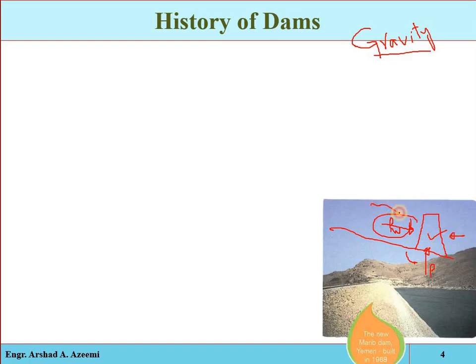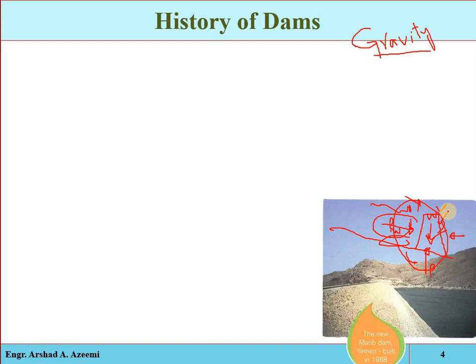There will also be water wave pressure, wind pressure and silt pressure. All of these are called the destabilizing forces. Now, if we construct the structure with such weight that it may resist all of these forces, then this structure will be called a gravity structure. This will be called the gravity dam.